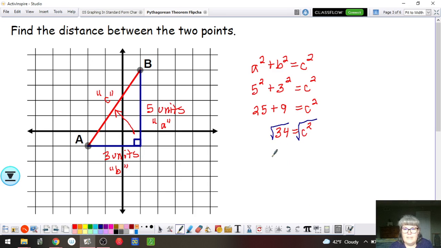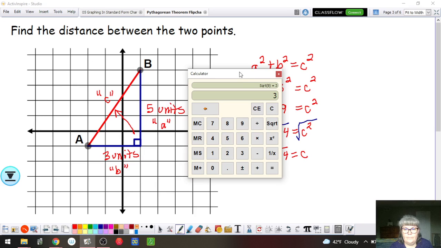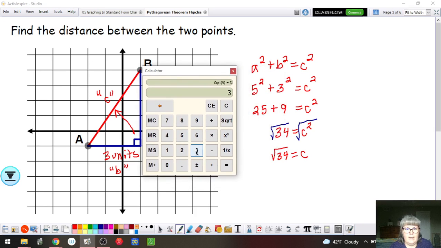Now, if I want the exact answer, it is the square root of 34. If I want an approximate answer, well then I need to take my calculator and, with this particular calculator, I type 34 and then my square root button.